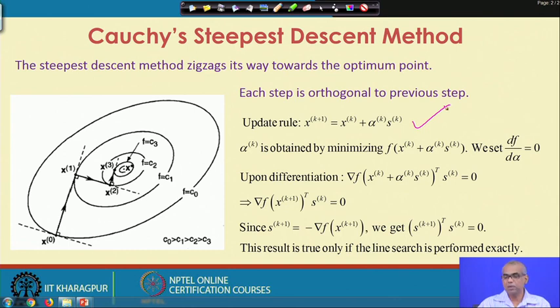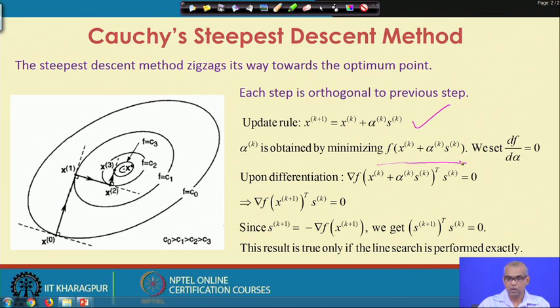Alpha k is obtained by minimizing the function f of x k plus 1, which is f of x k plus alpha k s k, and you know that to determine this alpha, we will set df d alpha equal to 0 and solve the resulting equation.